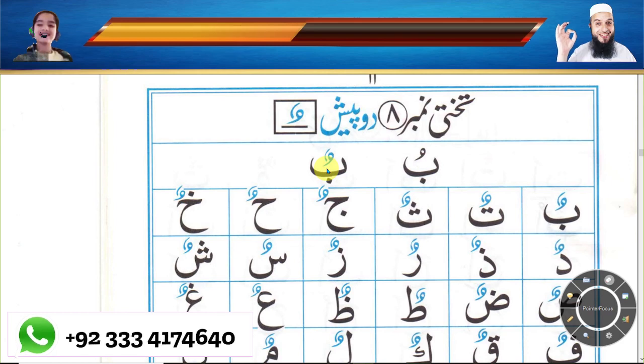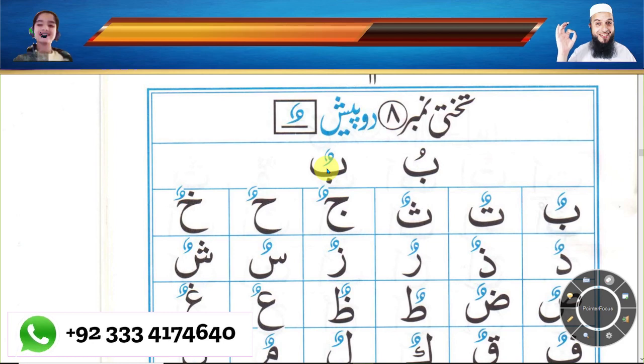What's the sound of two pesh? Un. What's the sound of two zabar? An. What's the sound of two zer? In. What's the sound of two pesh? An. No, that's the sound of two zabar. What's the sound of two pesh? Un.